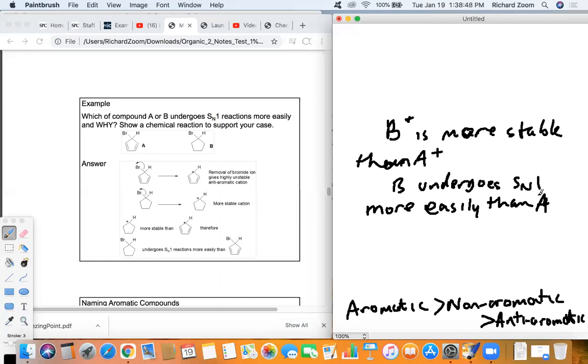So if A+ is anti-aromatic, what's B+? It's non-aromatic. Oh, because there's no... Okay, got it. So you can see non-aromatic is more stable than anti-aromatic. Okay, got it. Is that fair enough? Yep. Anybody else have any questions?